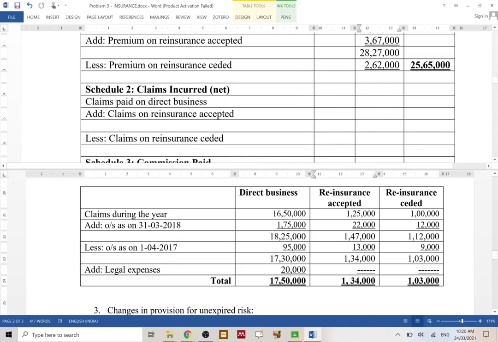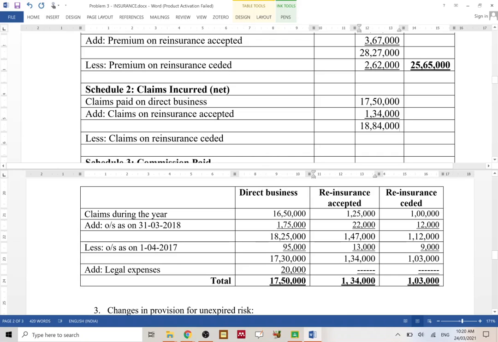Okay, so same way transfer this to the actual note to the revenue account. This is the proper schedule of the revenue account. So one by one, on direct business 17,50,000, then add 1,34,000. Total you get here 18,84,000, right?